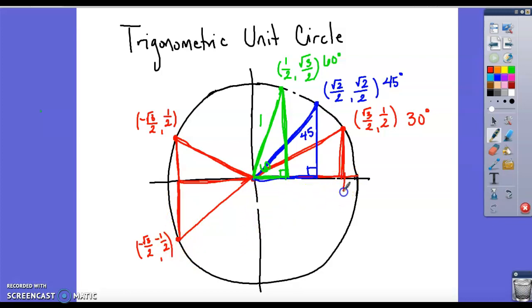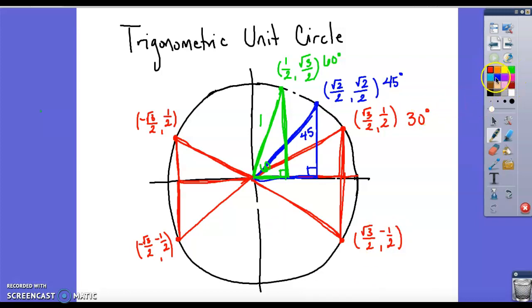And then I can do it once again in this fourth quadrant. This time the x value is positive and the y value is negative.